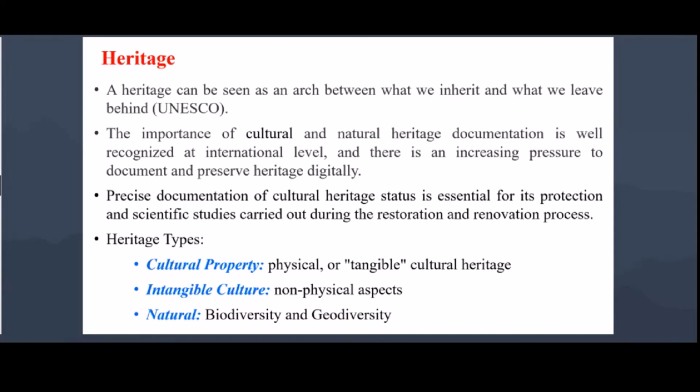The next category is intangible culture. These are non-physical aspects of culture or heritage, for example folklore, folk dances, songs, and some customs that are passed on. This also forms a very important part of heritage.